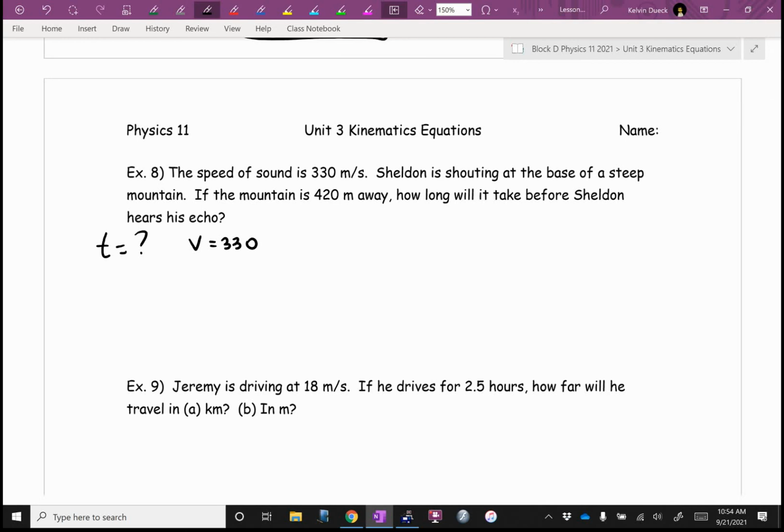What's that 420? Is it time? What are the units after it? Meters, so that's got to be a distance. I'm looking for an equation that has a T, a V, a D in it. There is one. Which one?